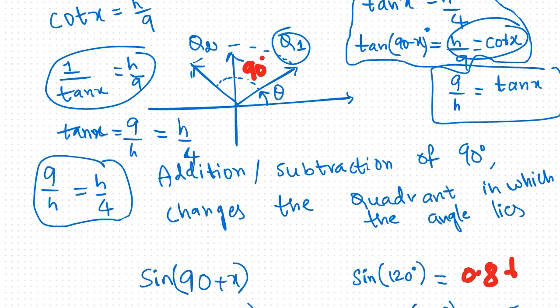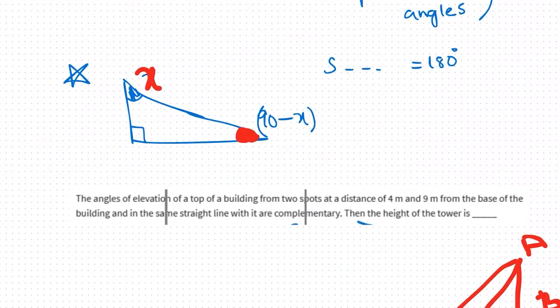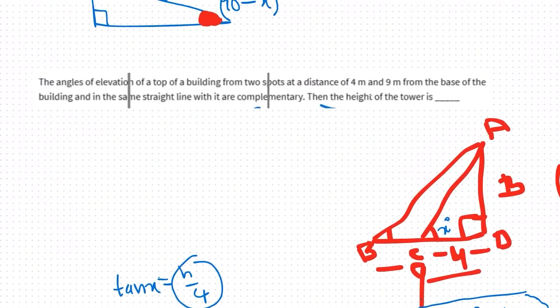So 9 into 4 is equal to h square. So 36 is equal to h square, right? So h is 6. Height is 6. So this is the process. The height of the tower is 6 meters.